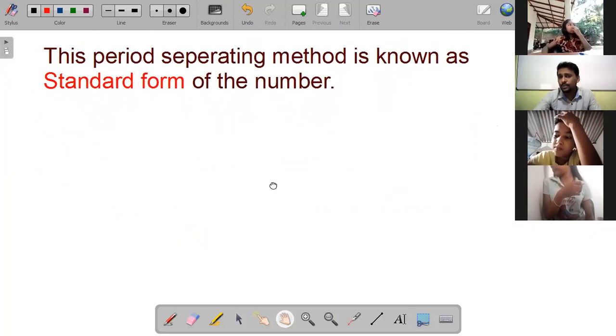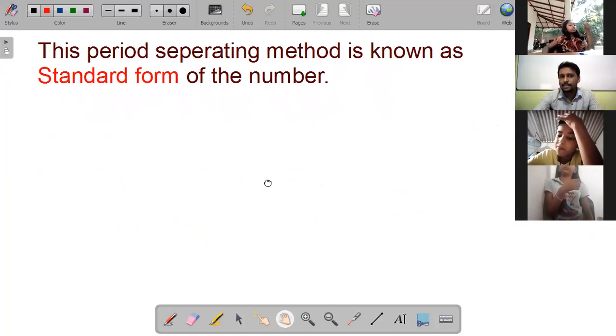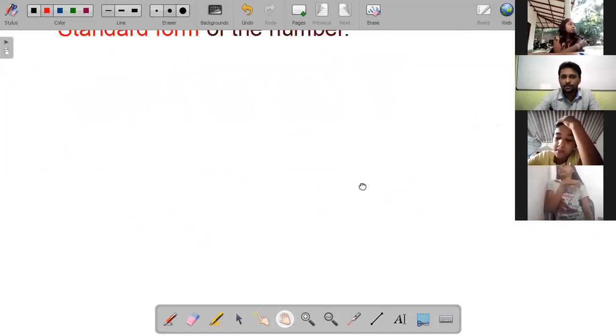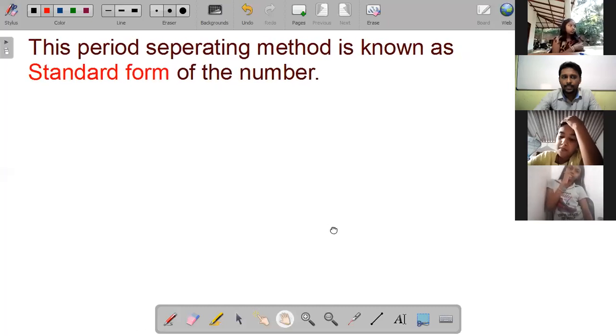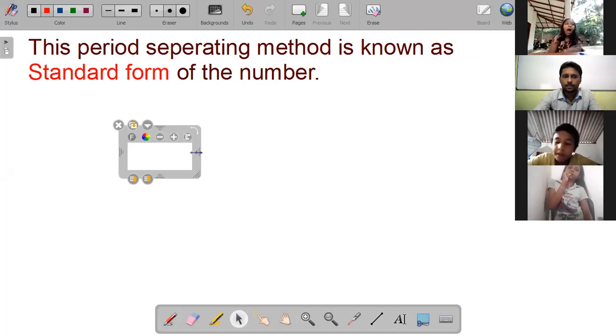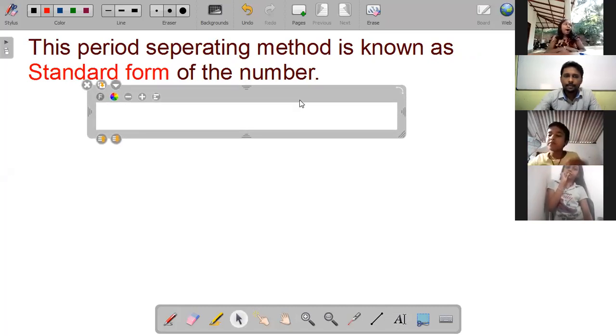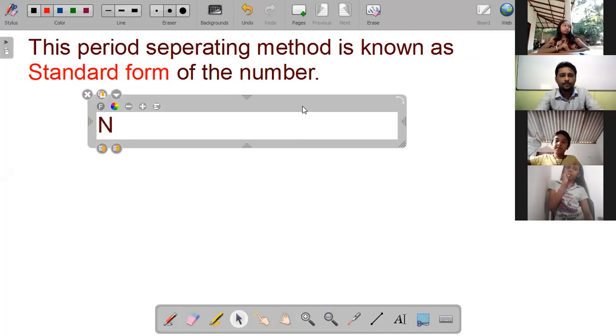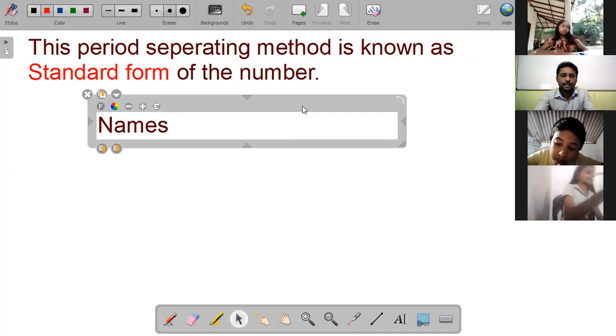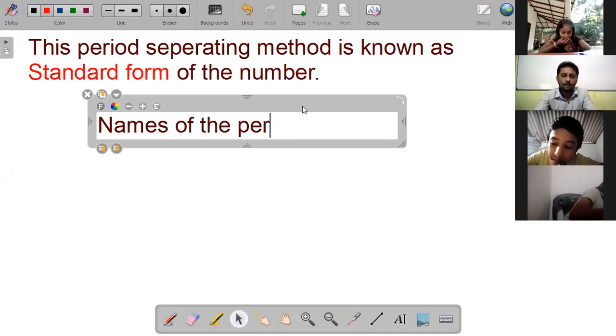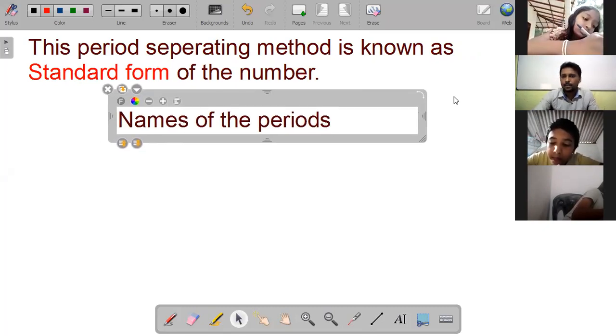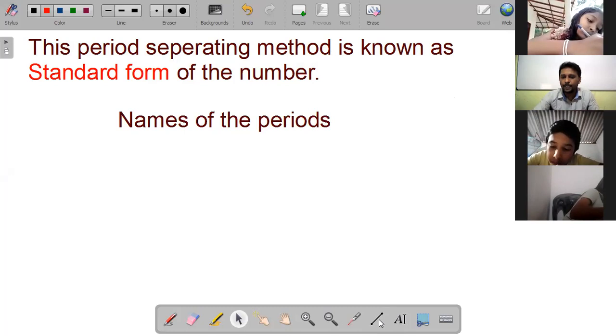Right. Now I am going to discuss that part, okay? You write down the subtopic in your book. Write down the subtopic. Names of the periods. Names of the periods. Names of the periods.